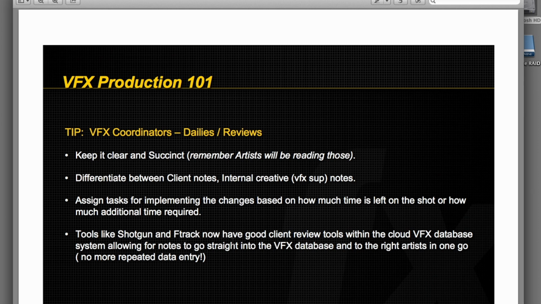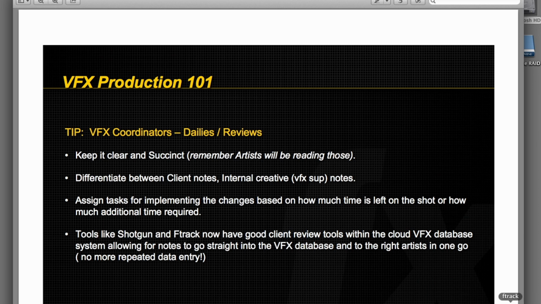Also, during note taking and also during coordinating the show, obviously you're going to be getting lots of changes and feedback from the clients. So whenever you're assigning these tasks for implementing changes, it's important to pay attention to how much time is left on a shot, and how much additional time is required in order to implement those changes in notes.